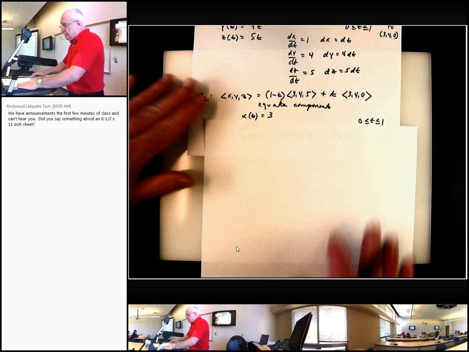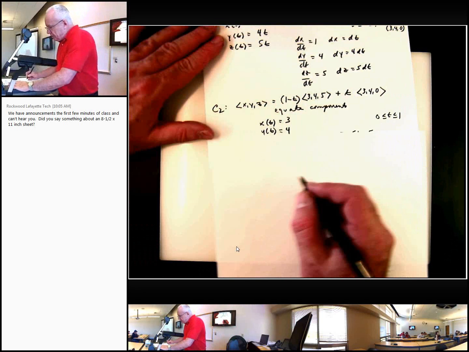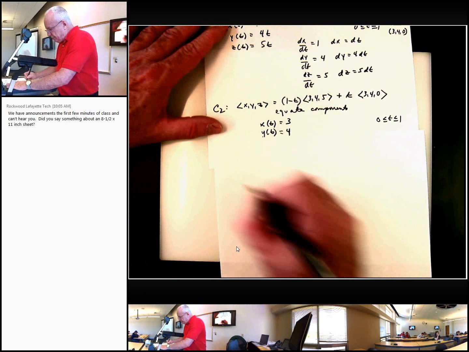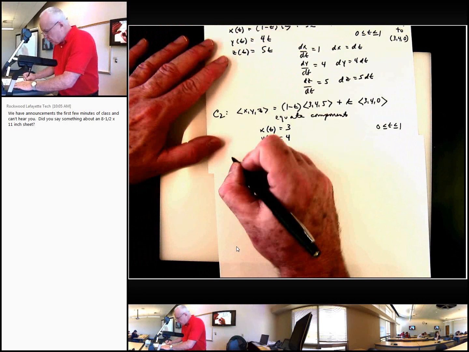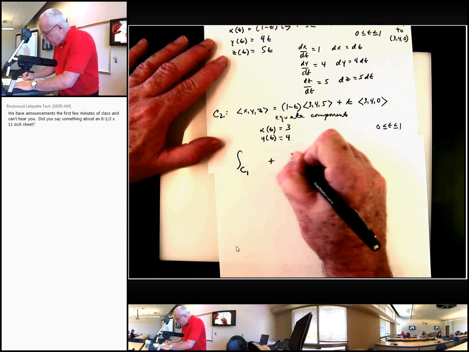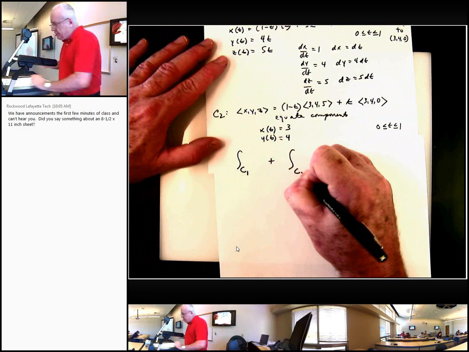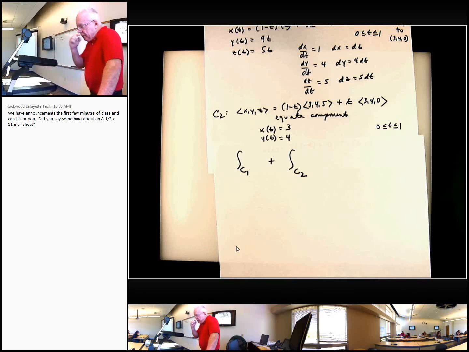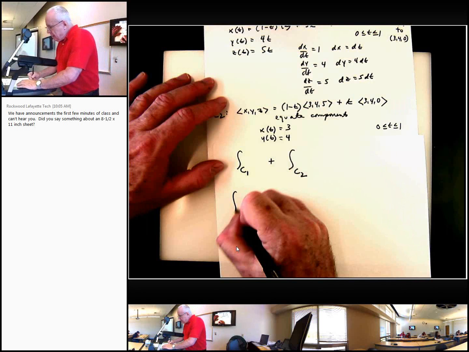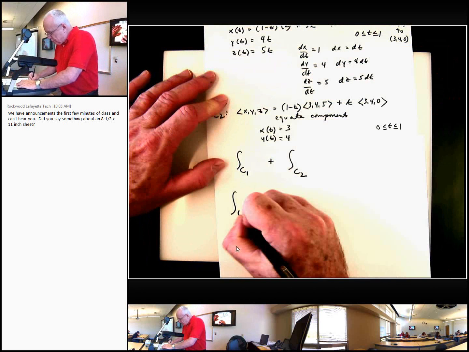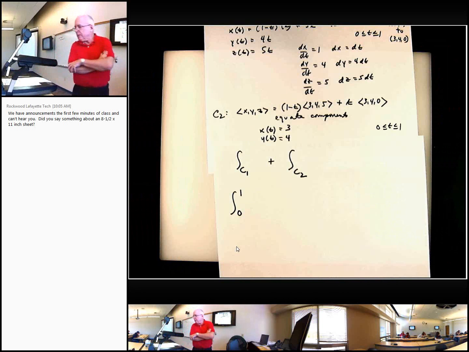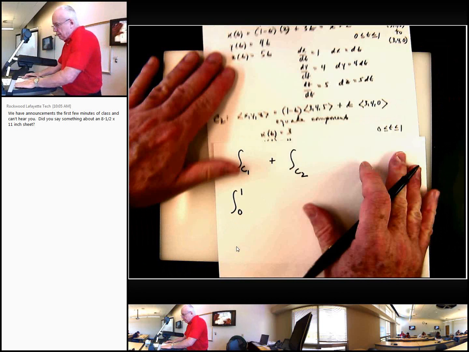And it's not so bad, because it's basically very simple functions here. So let's look along C1, and then we're going to look along C2. With C1, we're going from 0 to 1 for our parameterization.